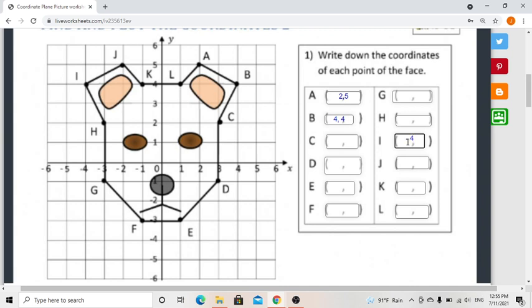Alright, that's -4. And let's write down the y coordinate. From this dot for letter I, you have to follow the line going to the y-axis. In the y-axis the number here is number 4. So it's -4 for the x coordinate and 4, or +4, for the y coordinate.